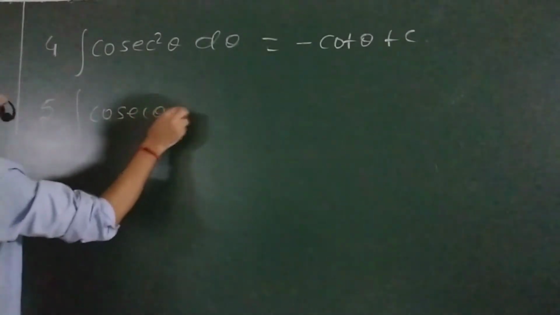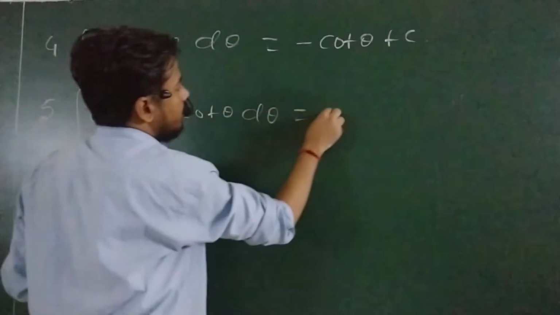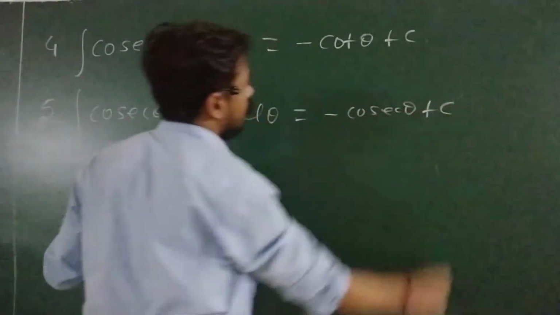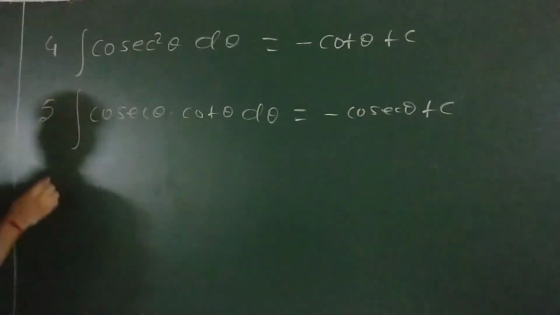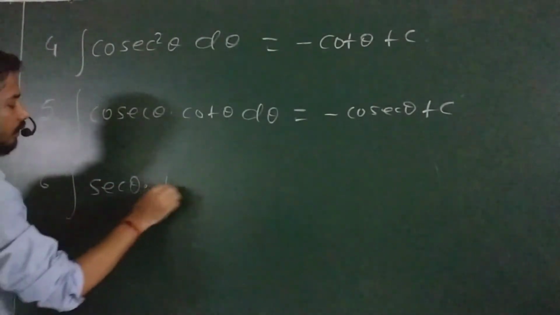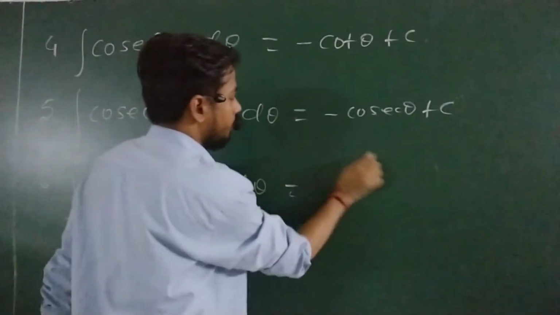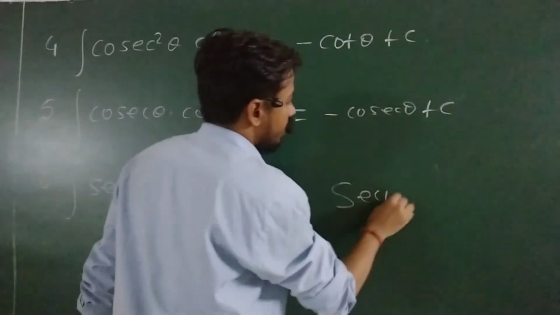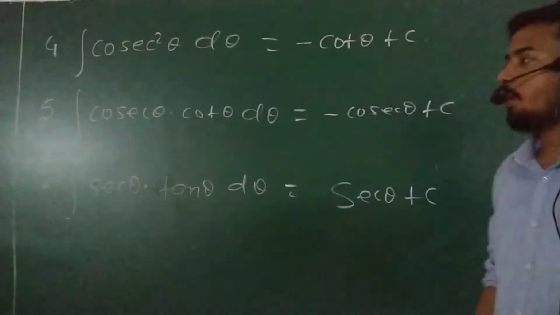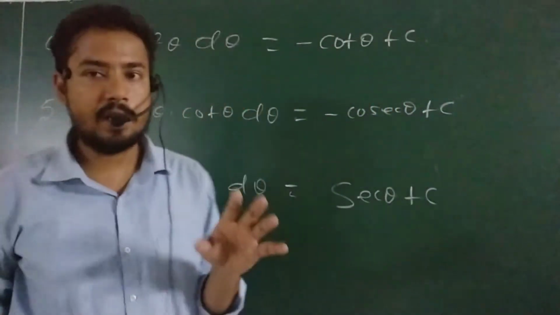Cosec theta into cot theta d theta becomes minus cosec theta plus c. 6. Sec theta tan theta d theta becomes sec theta plus c. So again I am telling you, my dear student, these are the only standard results.